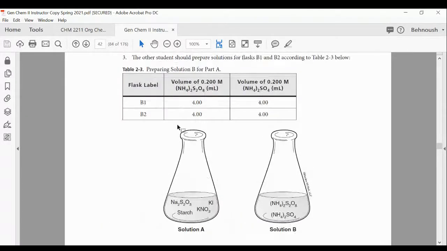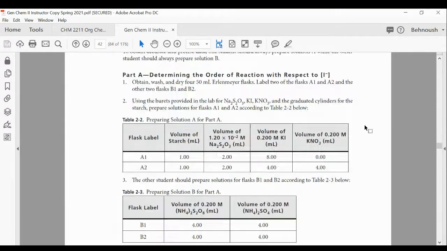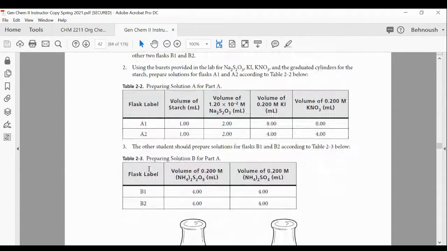Okay, so when you add A1 to B1, instead of explaining in this procedure to take flask 1, add 1 milliliter of this, 2 milliliters of the other one, and 8 milliliters of the last one, it says follow this table and add the solutions to flask A1, add the solutions to flask B1.